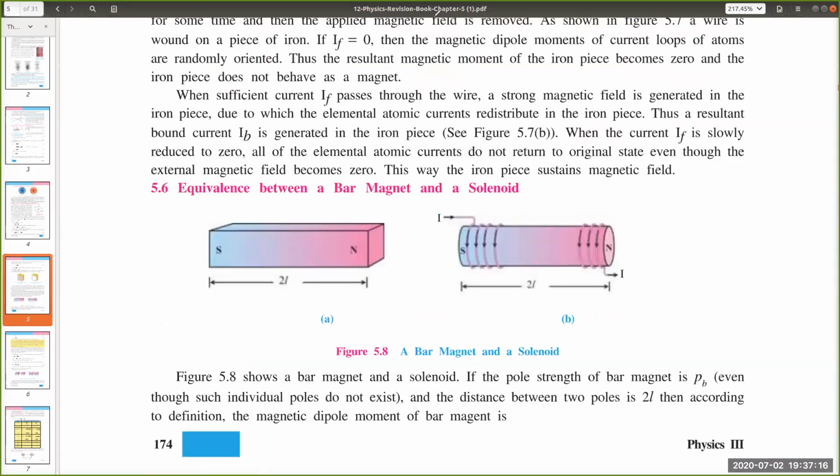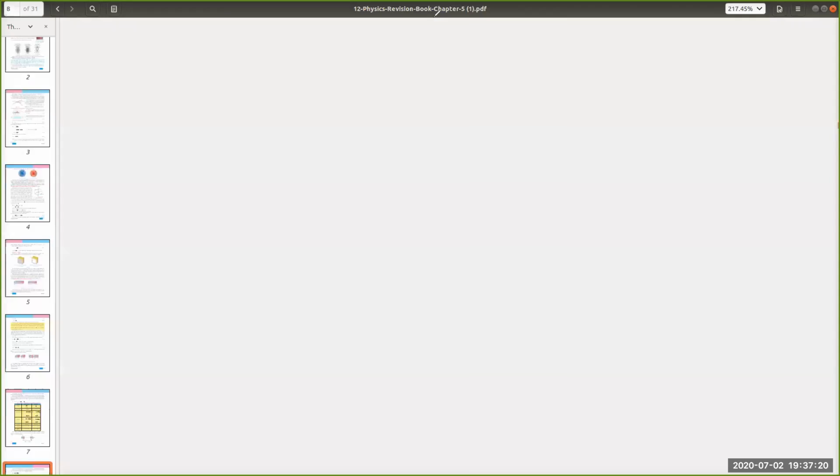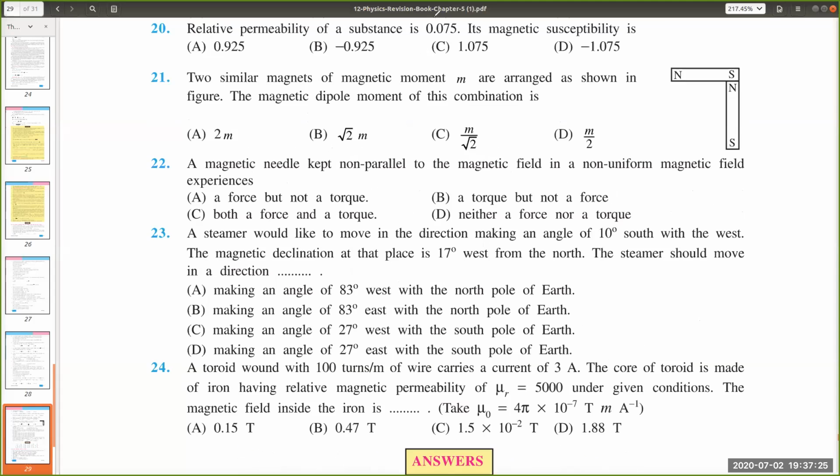What did we do before this? One second, let me do some questions. We did the magnetic moment, right? I think that's enough for today. We'll do some questions.